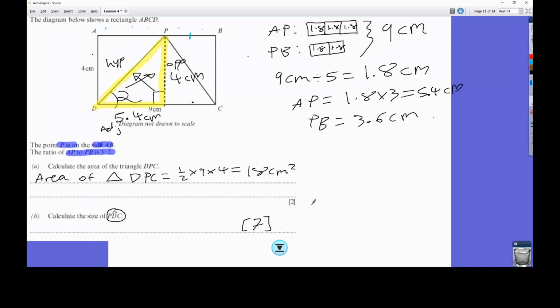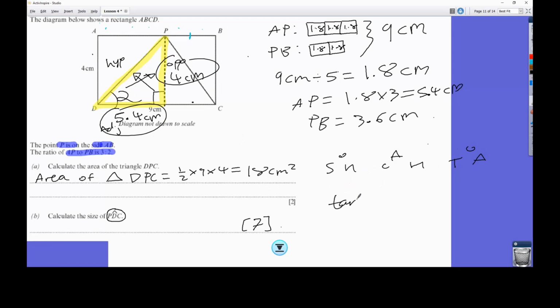So what we need to do to work out PDC is first label it. So we've labeled it. The equations, SOHCAHTOA. So now we need to select which one we need to use. So we know the opposite and we know the adjacent now. So that means we can use TOA, or tangent.